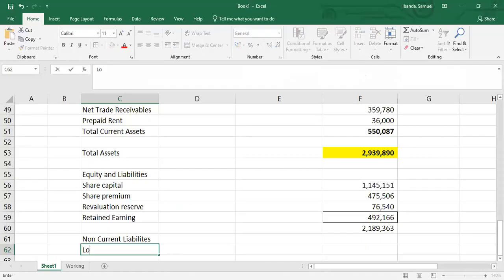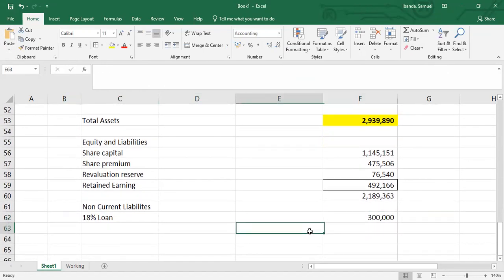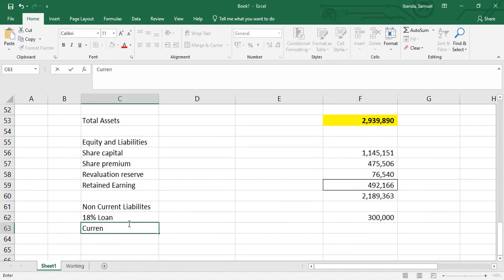Okay. So this is, you can just call it the way it's called, 18% loan. I'll record the amount, which is 300,000. Okay. So the next thing that I'll also do is to check and see, do I have any other, let's say, non-current liability? In case I don't have any, I'll move to my current liabilities.